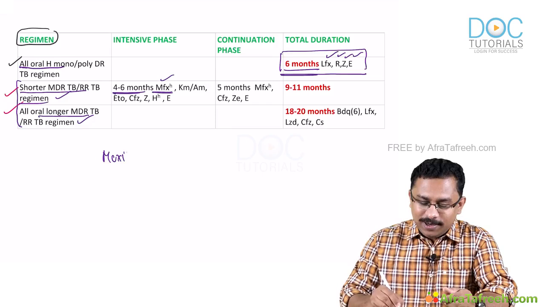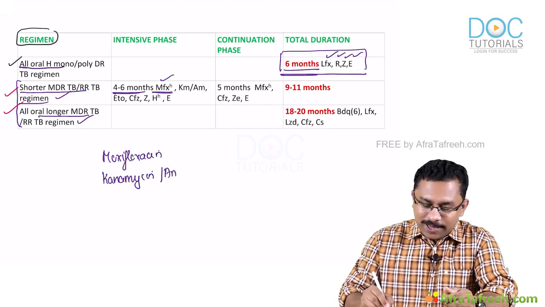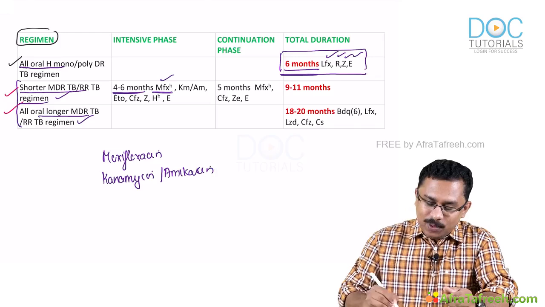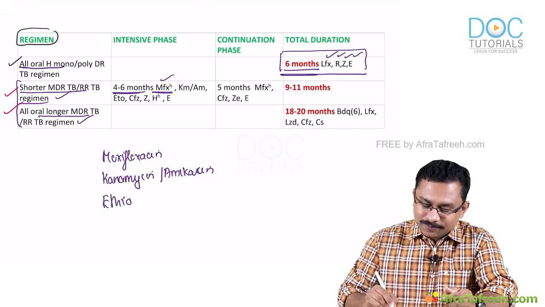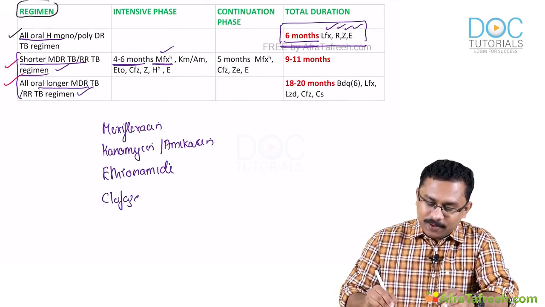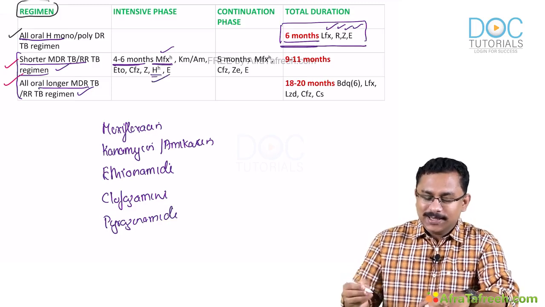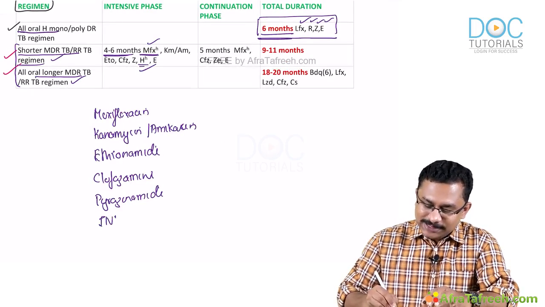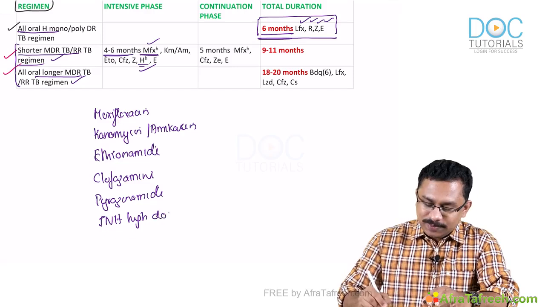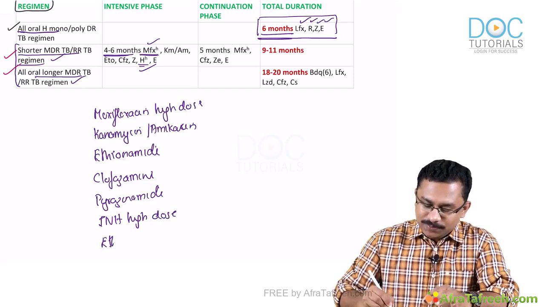Then you have kanamycin or amikacin, ethionamide, clofazimine, pyrazinamide, and then you have INH, and here also you will notice a superscript, so this is INH high dose. Similarly, you have moxifloxacin high dose and you have ethambutol.